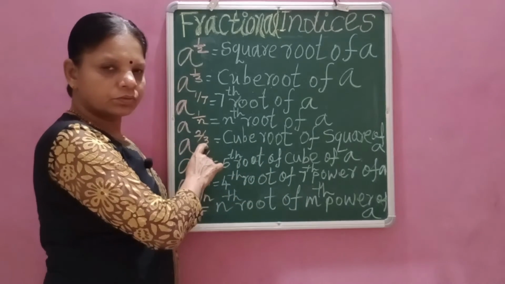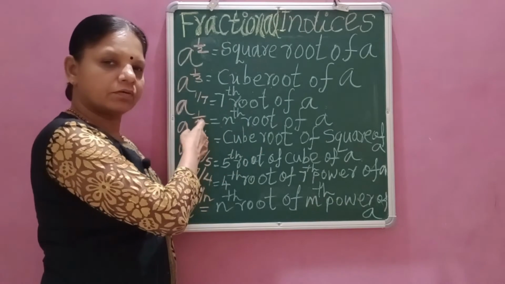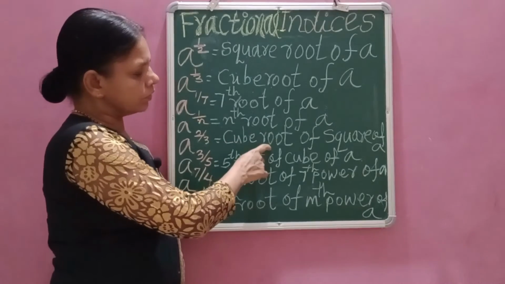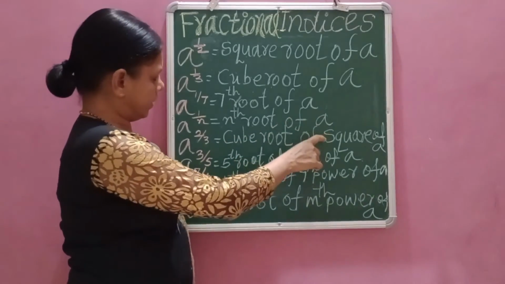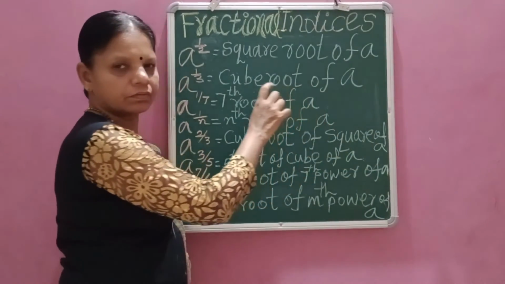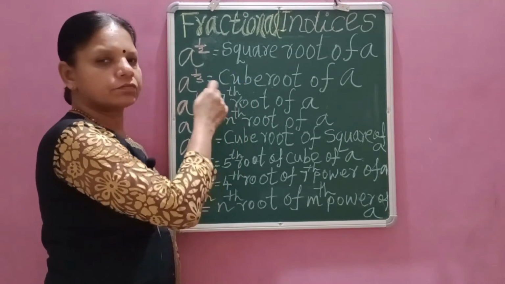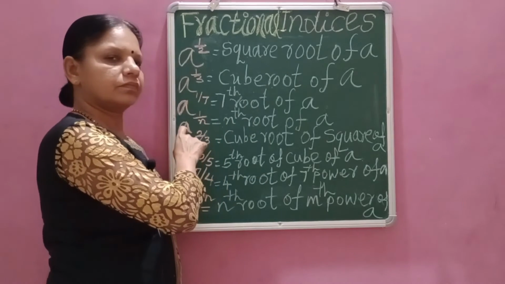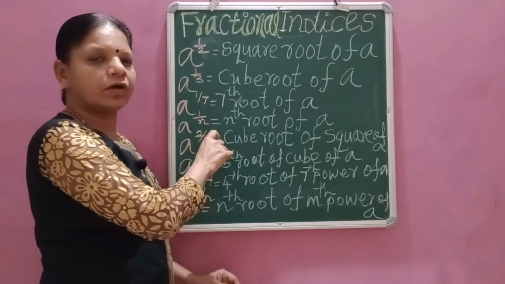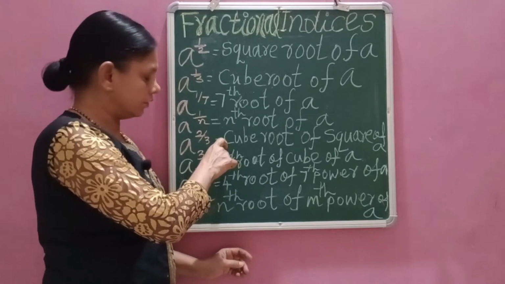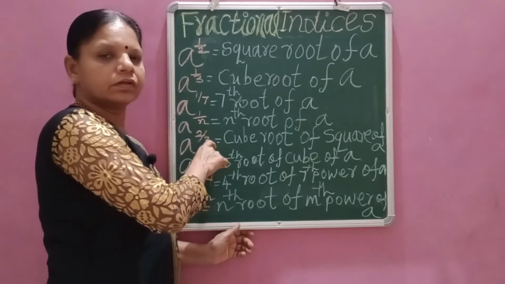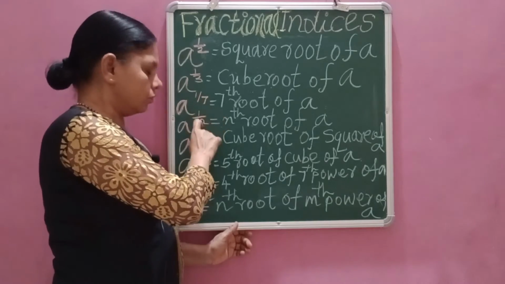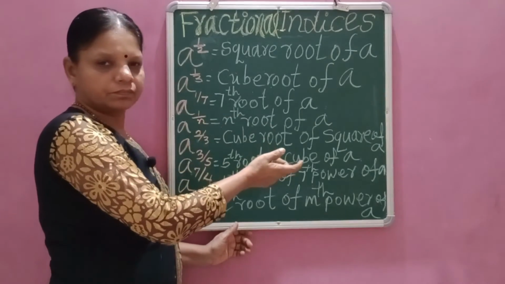First we can take the root, or first we can take the power; either way you can do it. It is read as cube root of square of a, or you can read it as square of cube root of a. The only thing to remember is that whatever number is in the denominator, that is the root, and whatever number is in the numerator, that much is the power.